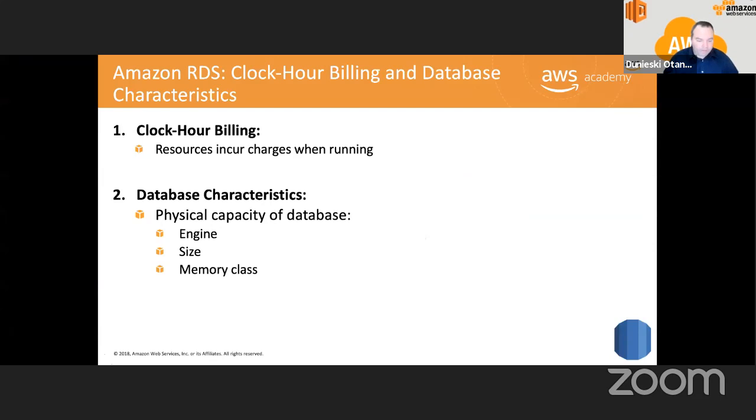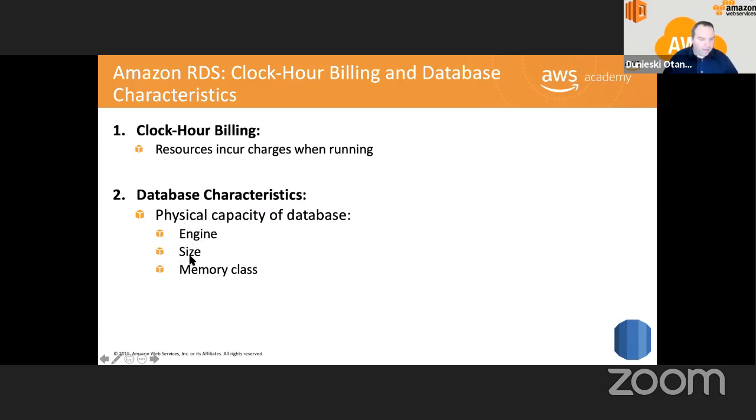So Amazon RDS: clock hour billing and database characteristics. Clock hour billing means resources incur charges when running; if it is not running, nothing. Database characteristics: the physical capacity of the database, the engine, what kind of engine you are using. Using Postgres, it's going to be cheaper than Aurora.